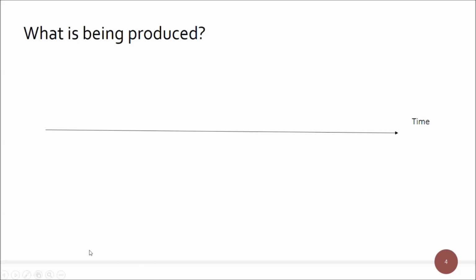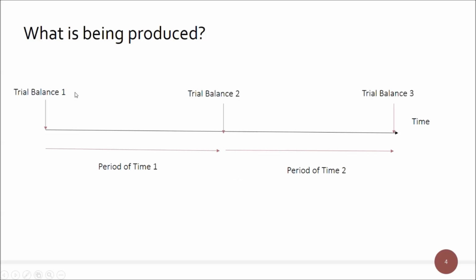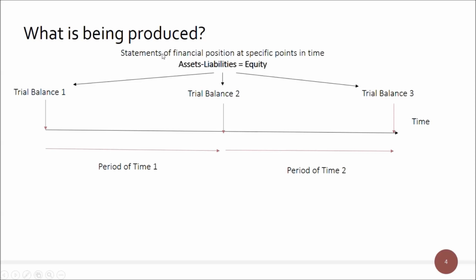So we've got this period of time going left to right here. We've got two periods of time. Typically they'll be equal. So let's say that this is year 1 and year 2. Could be months, could be quarters, could be what have you. So we've got some periods of time in here. And at these particular points in time, actually at a specific point in time, we're producing trial balances. And so these are statements of financial position at a specific point in time.